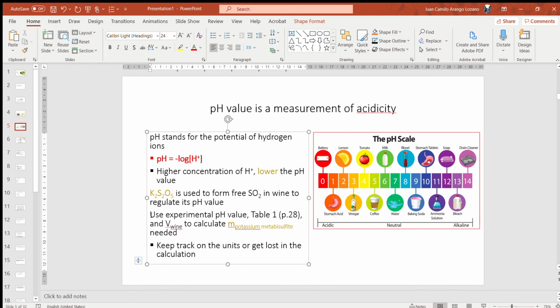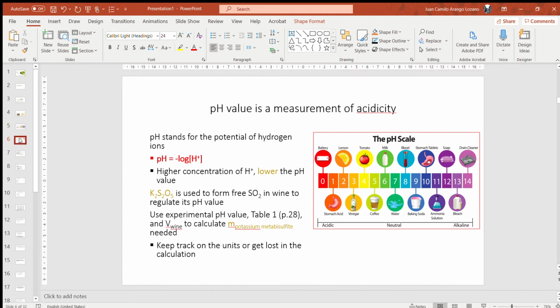In this case, you will use the information in table number 1, on page 28, to calculate how much potassium metabisulfite per volume of wine you need to add to maintain a specific pH value.